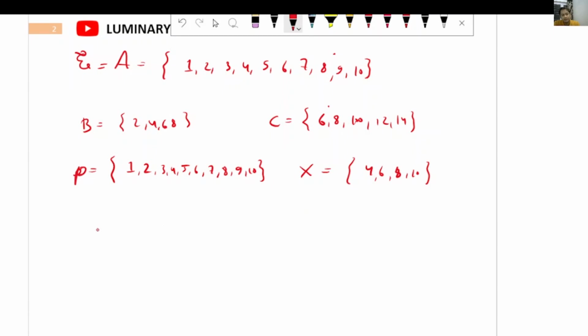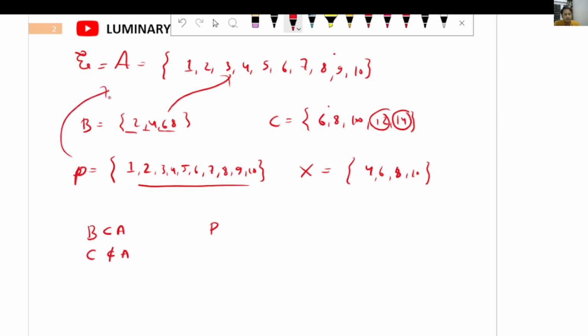B includes elements which are all present in A, so I can write that B is a proper subset of A. C has all the elements except 12 and 14, so C is not a subset of A. Now P contains all the elements contained in A, so I can write P is a subset of A. And X also includes some numbers but excludes some numbers, which are 1, 2, 3 and 5, so I can write that X is a proper subset of A, right? So I hope you understand this logic.